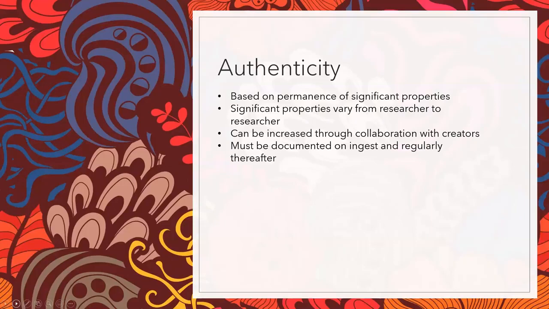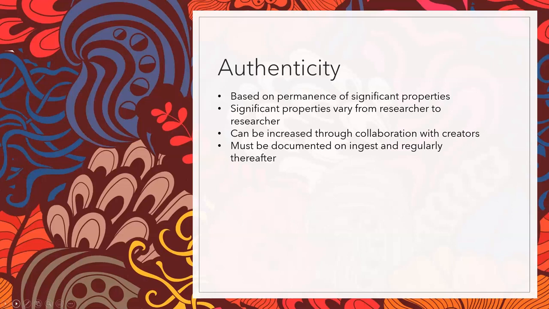So it's really important for archives to have an understanding of the degree to which records remain authentic over time. And ideally, this is done by having some kind of check of a record's authenticity when the records are brought into the repository.